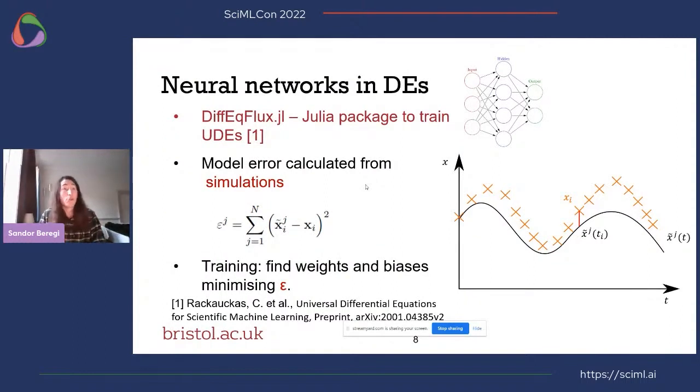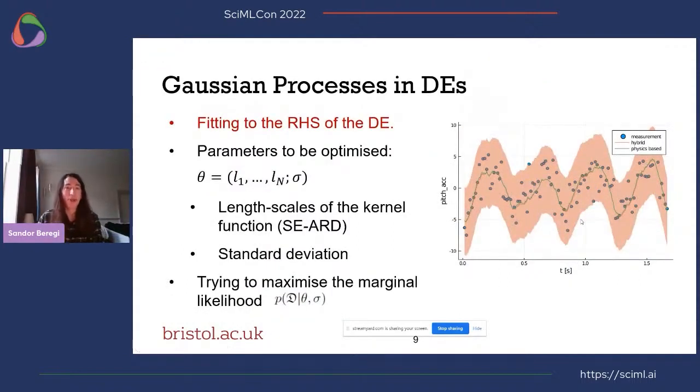Basically, the two types of machine-learned structures I'm considering for this problem are neural networks, for which I use the DiffEqFlux package in Julia. In this case, the model error and the objective function are calculated from the error in the predicted trajectories compared to the measured ones, whereas in the other case, when I consider Gaussian processes, it was a little bit different, because in this case, the model was fitted directly to the right-hand side of the differential equations, which means I had to use acceleration data.